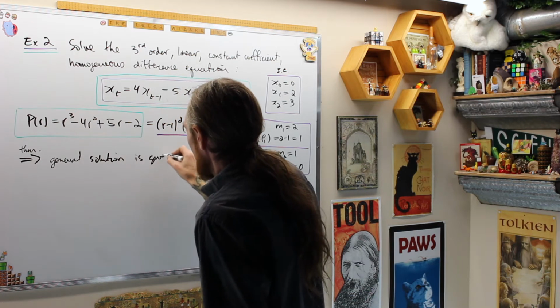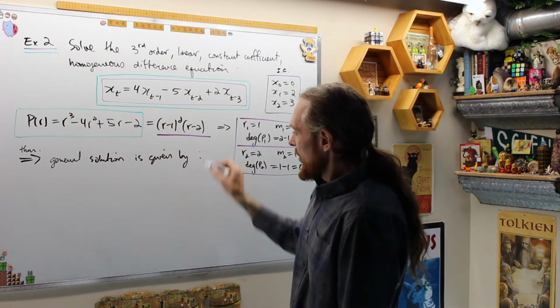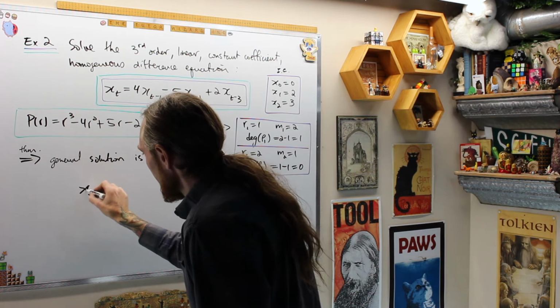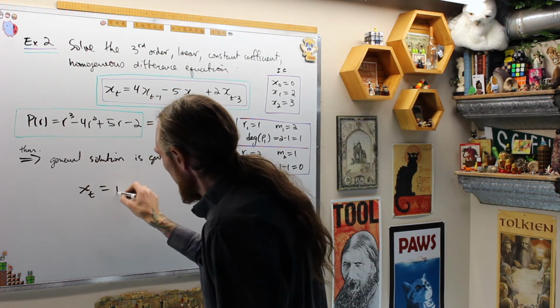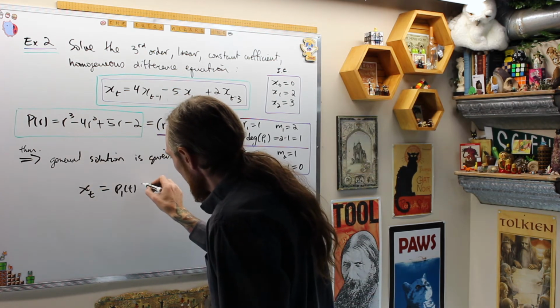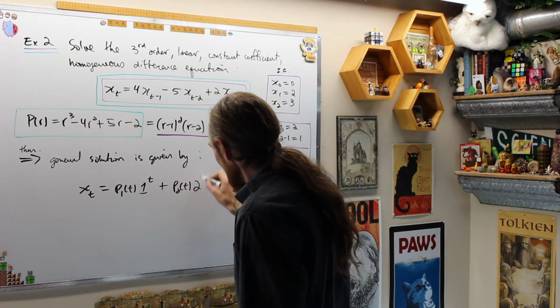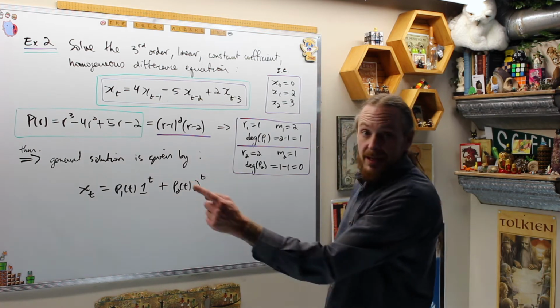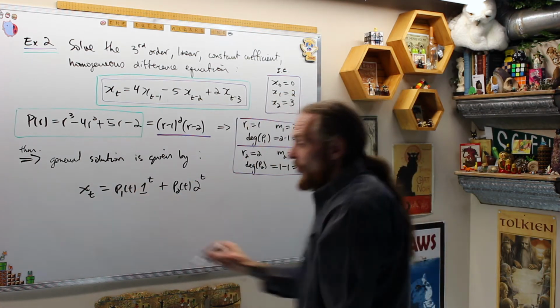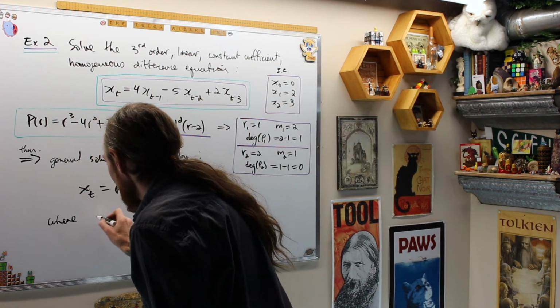is given by x to the t is equal to p1 of t times 1 to the t plus p2 of t times 2 to the t, because these are my 2 roots, and then there are polynomials, and here's where we get the clever guesses.